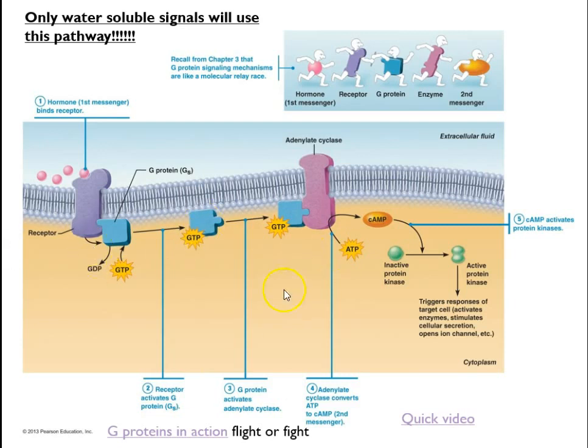So here's the inside of the cell, here's the outside of the cell. Here's the hormone. The hormone will go ahead and touch a receptor, and by doing this, an electrical current will occur. And the electrical current will go ahead and turn this thing called a GDP into the activated form GTP.